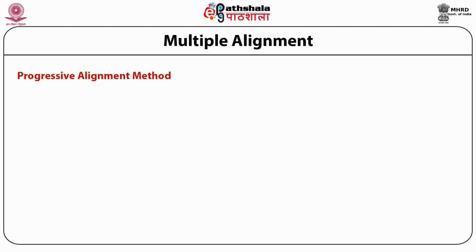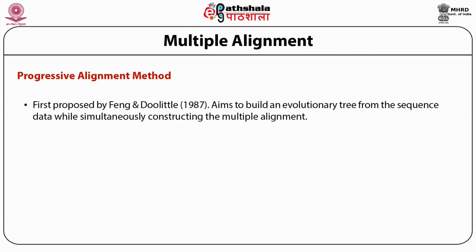In fact, currently perhaps the most popular approach which is being followed was first proposed by Feng and Doolittle in 1987. What they do is they try to build an evolutionary tree from the sequence data while simultaneously constructing a multiple alignment. So something like the way the center star alignment goes, but instead of picking up sequences in arbitrary order, they pick up sequences based on a certain logic and based on an evolutionary tree.